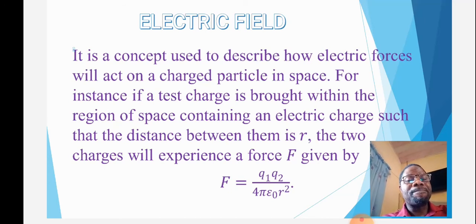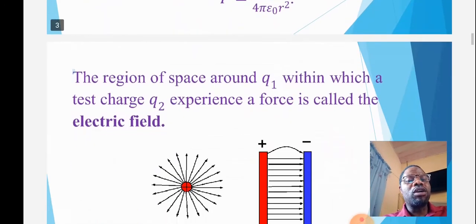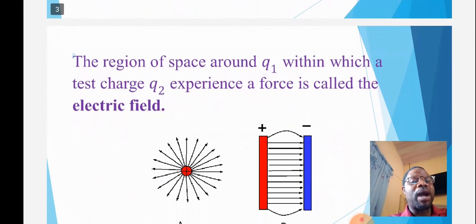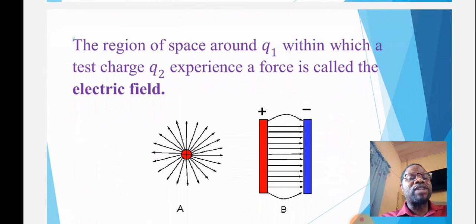For instance, if a test charge is brought within a region of space containing an electric charge such that the distance between them is r, the two charges will experience a force F given by F is equal to Q1 Q2 over 4 pi epsilon 0 r square. The region of space around Q1 within which a test charge Q2 experiences a force is called the electric field.